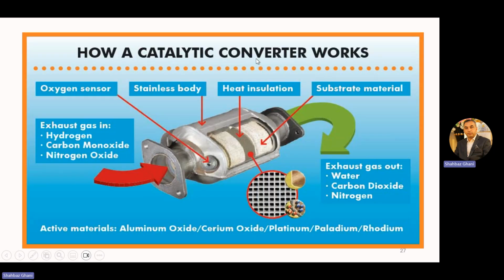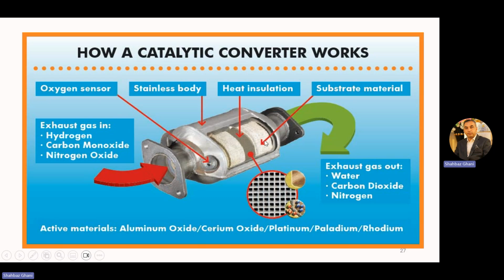How a catalytic converter works generally, you must have seen that the exhaust gases are coming in. We have hydrogen, carbon monoxide, hydrocarbons, and nitrogen oxide. They get inside the catalytic converter. We have a stainless steel body, an oxygen sensor here, then insulation from the stainless steel body. Then we have substrate material, which is the catalyst material.